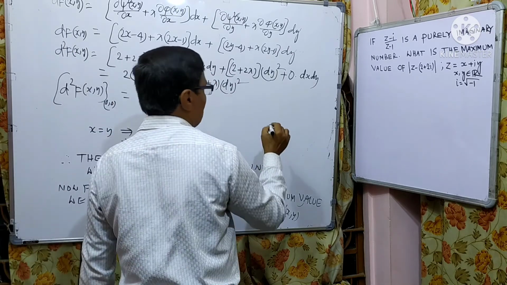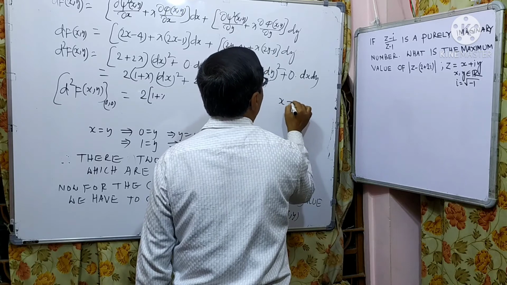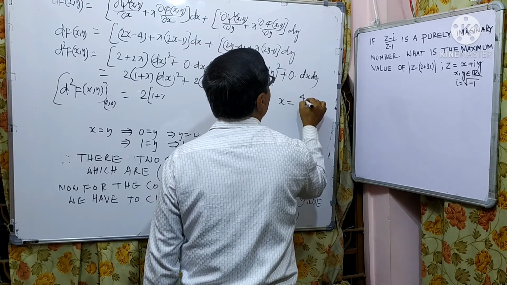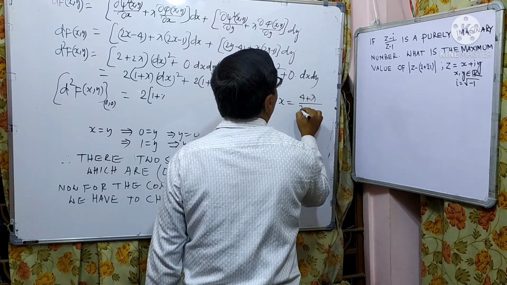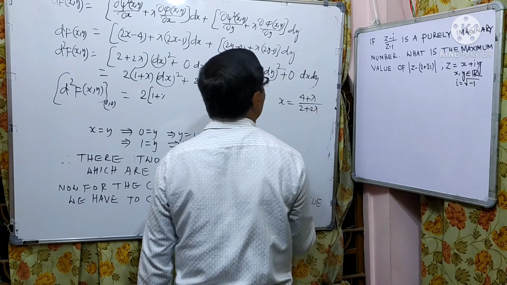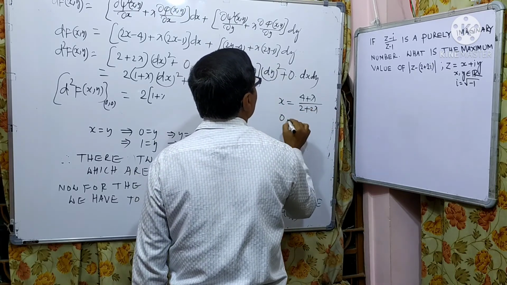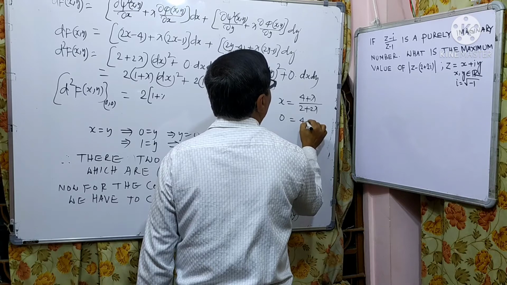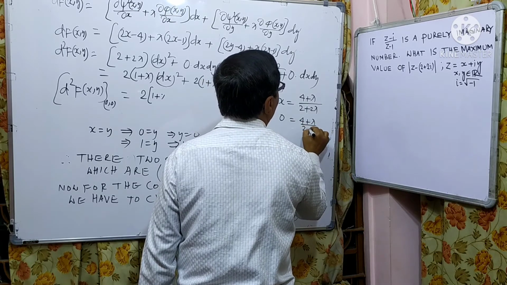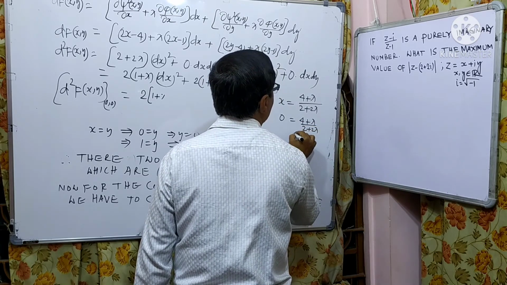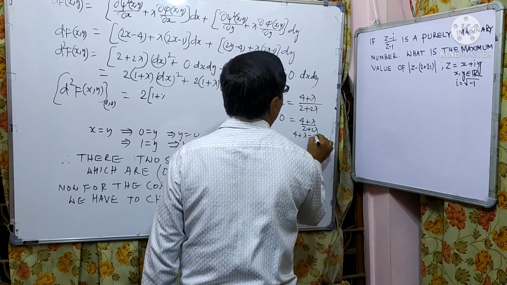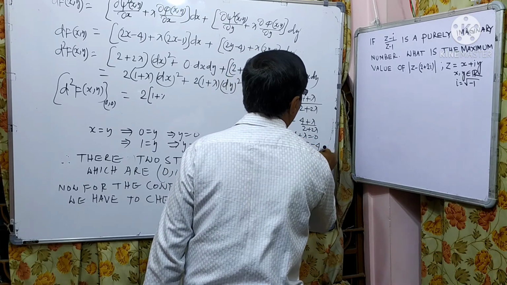Here x equal to 0, we have 4 plus lambda over 2 plus 2 lambda, that is 4 plus lambda equal to 0, that is lambda equal to minus 4.